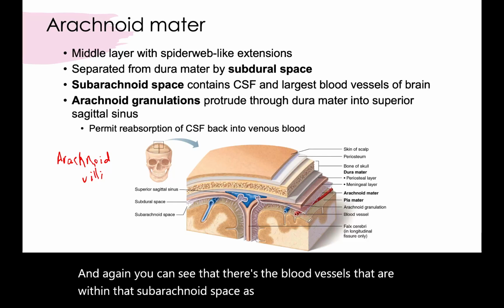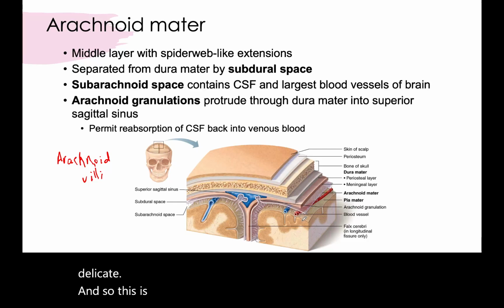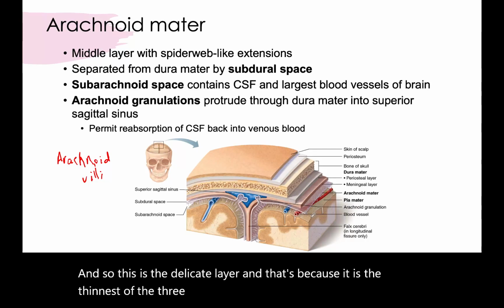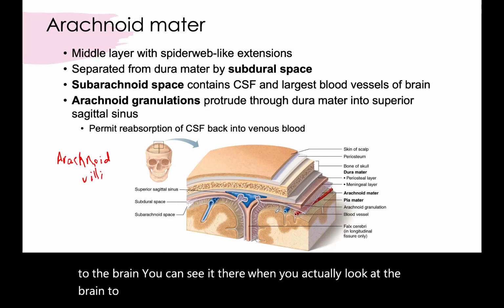And then the only other layer that's really here is the pia mater. Pia being delicate, this is the delicate layer, and that's because it is the thinnest of the three layers of the meninges. It is directly adhering to the brain. You can see it there. To separate the pia mater from the cerebral cortex is not easy.